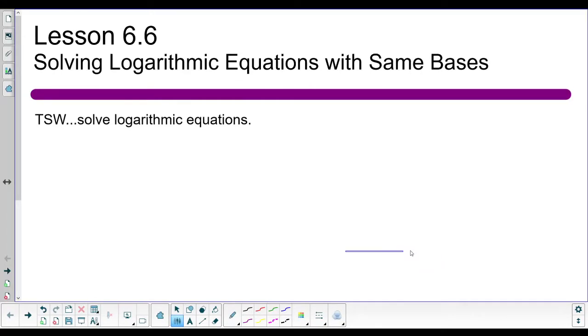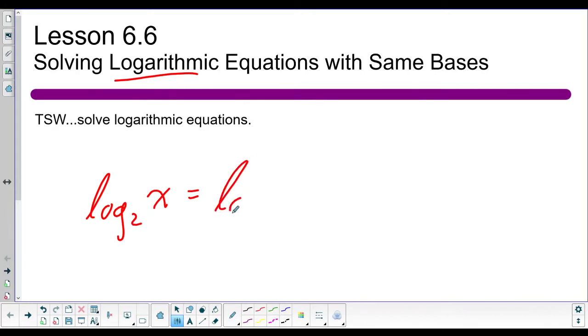I think that there are probably two schools of thought as far as solving these equations go. We're going to see problems where you've got logs on both sides. So you might see like log base 2 of x equals log base 2 of 3x or something like that, and then you have to figure out what x is.